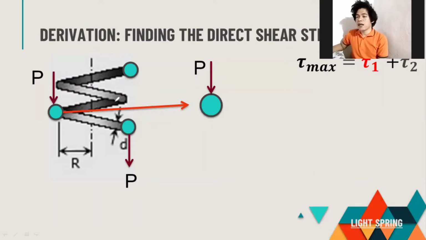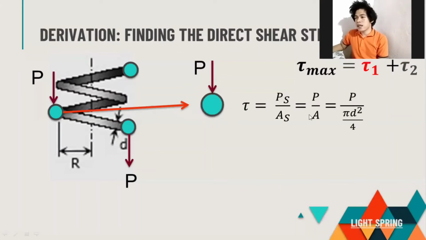And pagka sobrang laki ng naka-apply na load, it will result to error or damage. So mapuputol yung ating spring. Okay, so ano ba yung formula natin? Again, yung ating force over area, force dun sa shearing, and then yung area being sheared.